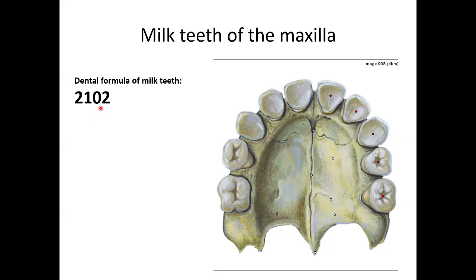That's why 0 means absence of premolar teeth. And the last number 2 means 2 molar teeth. Premolar and molar teeth serve to prepare food for swallowing.